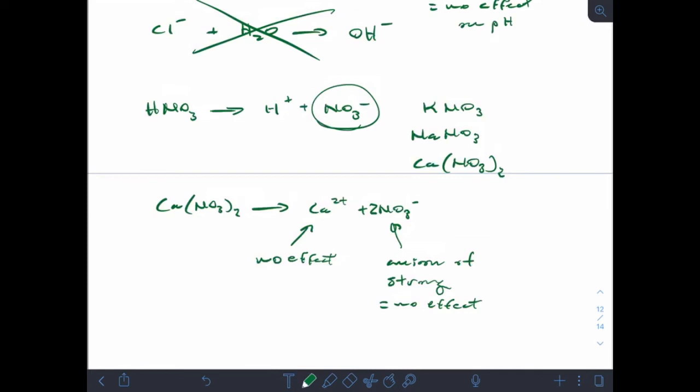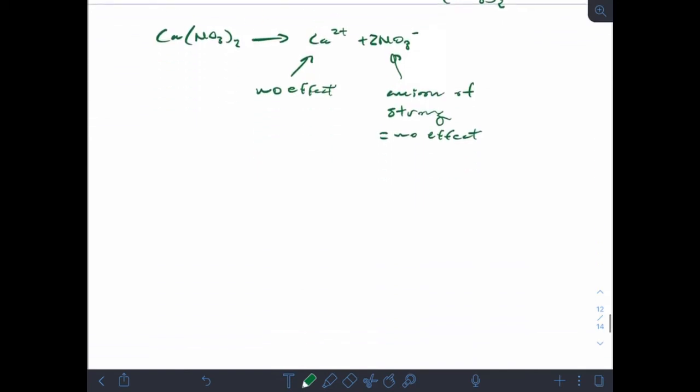Okay, so let's talk about things that do affect pH. Let's look at an example, for example, sodium acetate. Here's my salt. I've got sodium as a metal with an anion. If I dissect it, I get sodium plus and acetate ion.